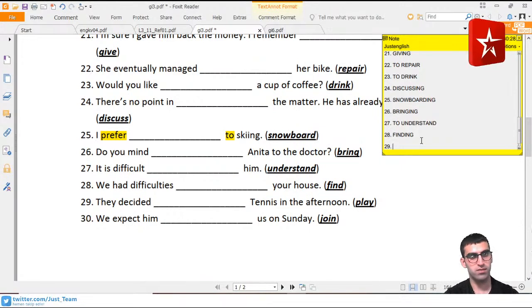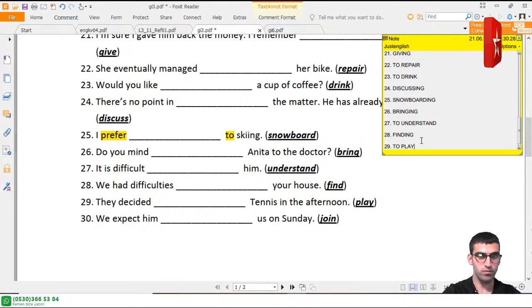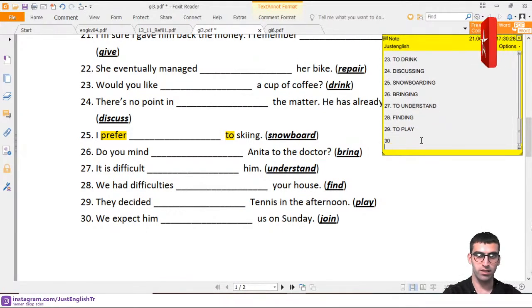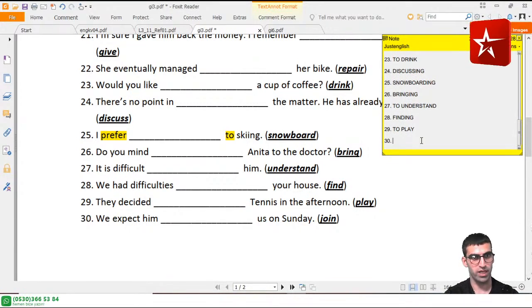They decided to play. Gülsafa says to play tennis in the afternoon. Nijat says to play. Azme wrote the correct answer. Yes, to play is a correct answer for 29. They decided to play tennis in the afternoon.